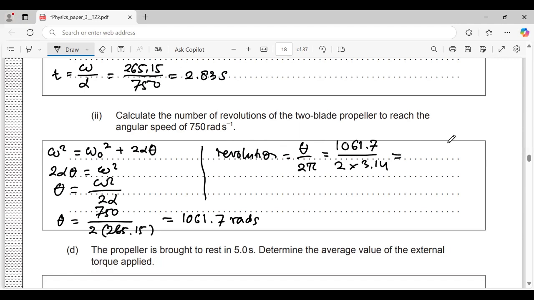And if you calculate, the result is 169 revolutions. Approximately it becomes 170 revolutions.